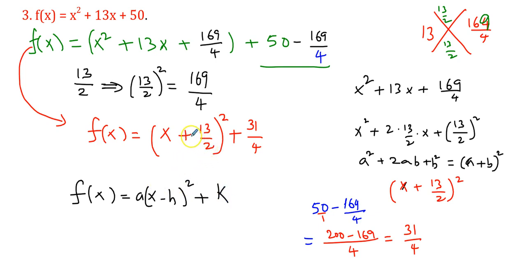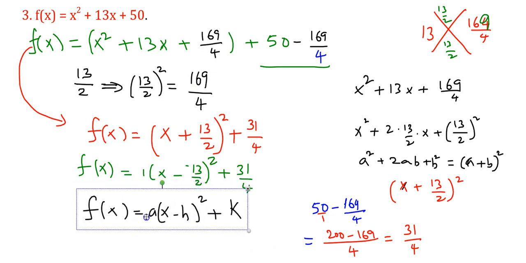Everything appears same except this plus and minus there, and we already know how to fix that. f of x is equal to a is 1 times x minus negative 13 over 2. See, that plus 13 over 2 is changed to minus negative 13 over 2, so that negative of negative becomes positive. Whole square plus 31 over 4.